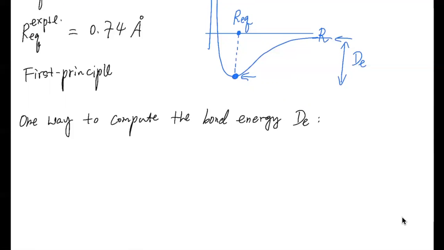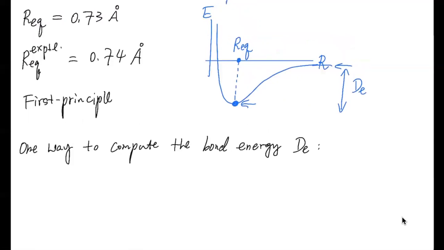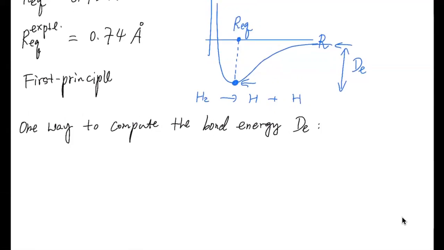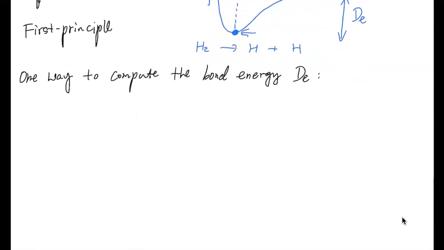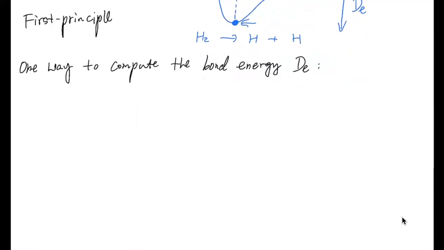So obviously, if you dissociate a hydrogen molecule, you will have two hydrogen atoms, right? That's your dissociation product at the ground state. Okay. So one way to calculate the bond dissociation energy is to simply calculate the energy of the hydrogen. At the dissociation limit, you have two hydrogen atoms.